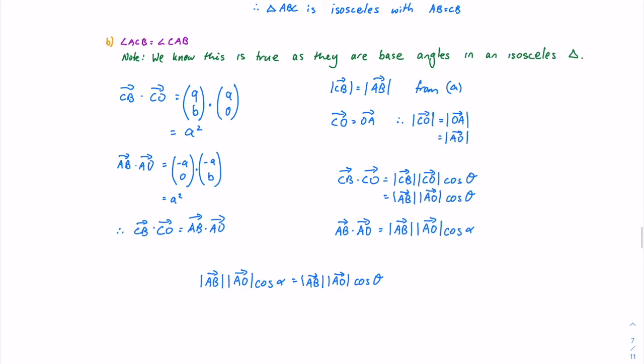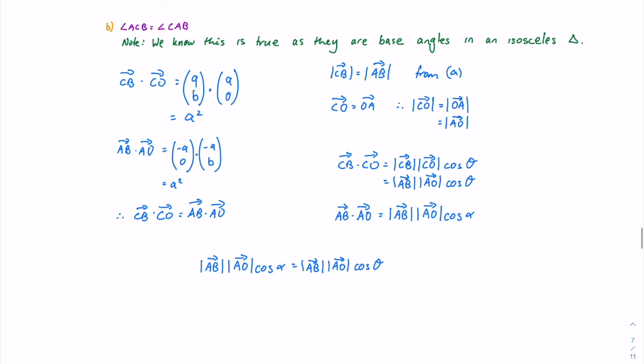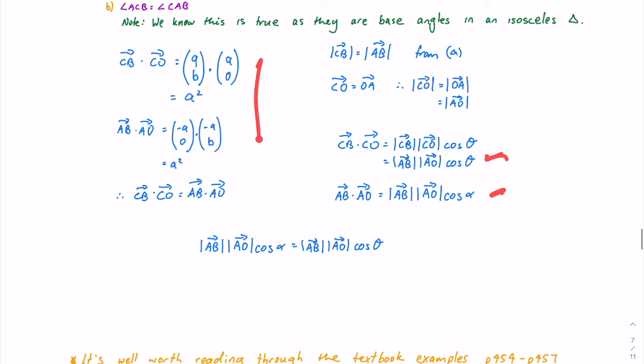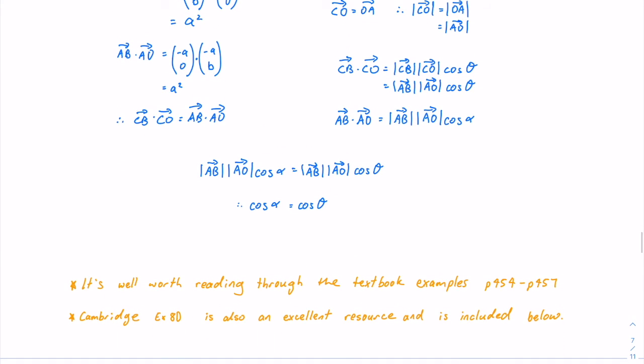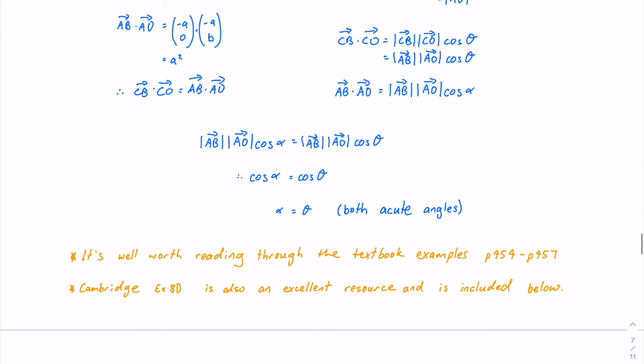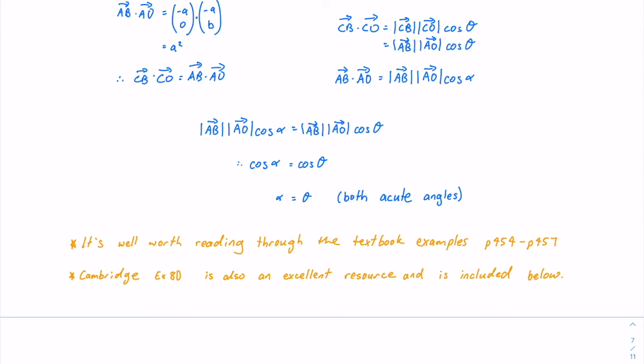That's quite important. So these things, that one and that one, are equal to each other. We know that from over here. And because these angles are both acute, just dividing each side by those two things, cos alpha equals cos theta. They're both acute angles, which means that alpha has to equal theta. So therefore those angles are equal.